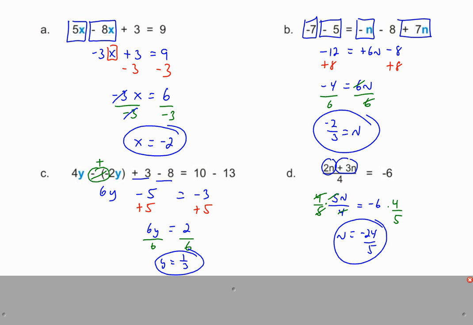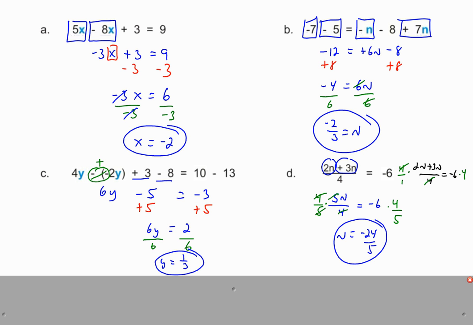And there's our answer. Now you might say, well, what would have happened if I treated it as if it were the special case? All right, well, let me show you. 2n plus 3n over 4 equals -6. All right, special case. Multiply the left by 4, multiply the right by 4, right? And these 4s divide out there.